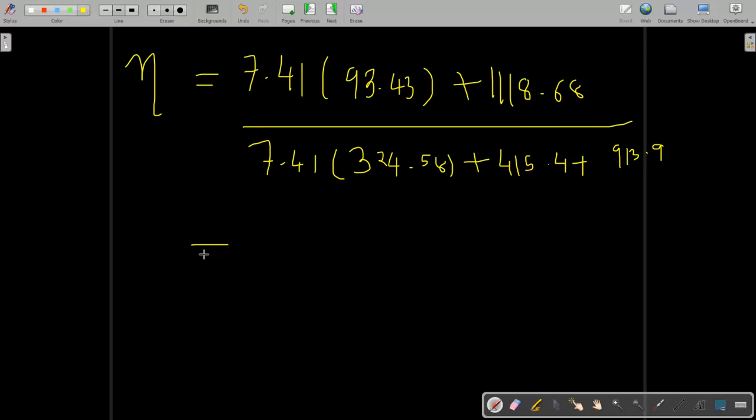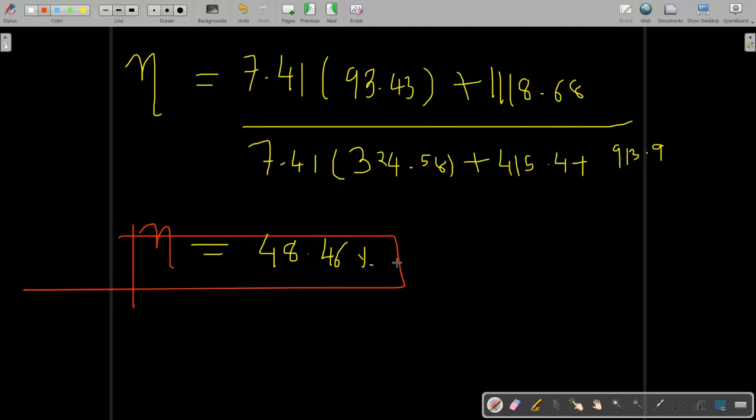When you solve this in your calculator, you will get efficiency as 48.46%, and this is the final answer. So this is how we can easily solve this 35 marks question. Don't be afraid of marks. When you know the basics, you can solve any question.